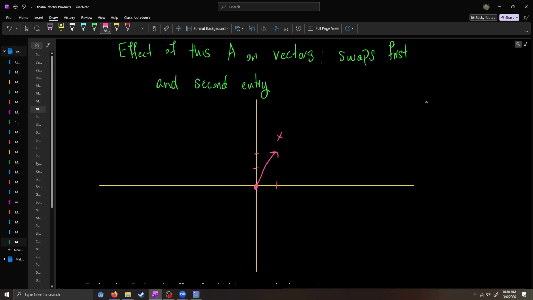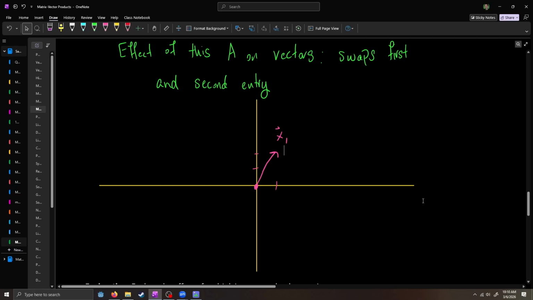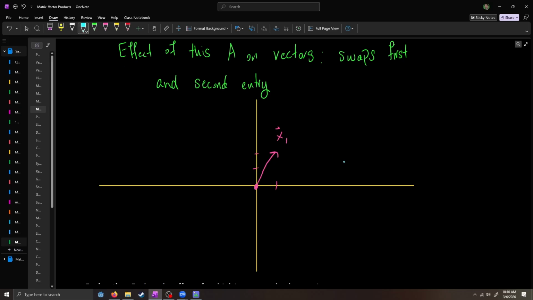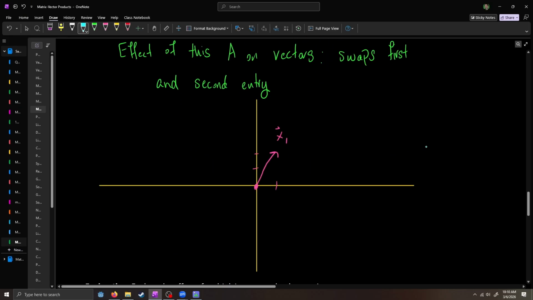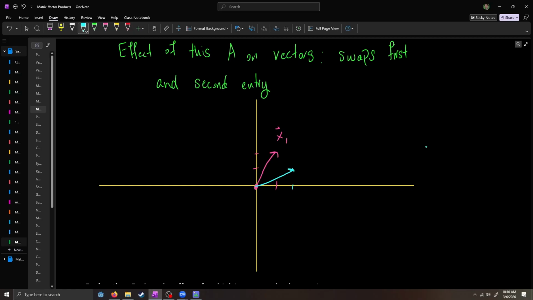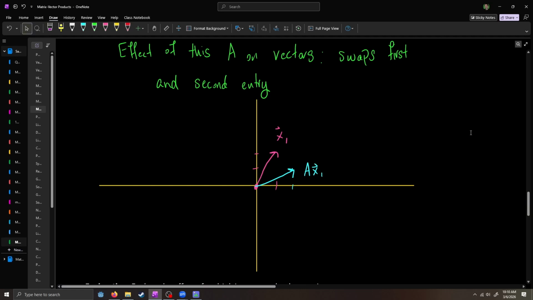I'll call this x1 for the first experimental vector. Now, when we applied the matrix A, what we got as a result was the vector 2 comma 1. So the result of that calculation is over here, 2 units in the x direction and 1 unit in the y direction. So here is the first experimental vector after the matrix A has been applied.